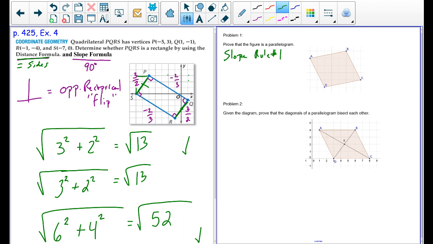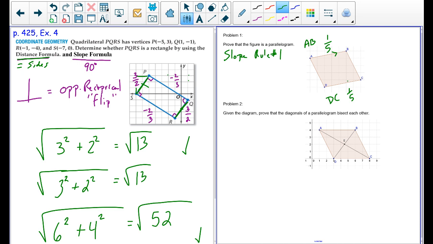So let's look at AB. So AB, our slope here, rise up 1 over 1, 2, 3, 4, 5. 1/5 is our slope, right? Let's do our opposite side. So then DC here, slope up 1 over 1, 2, 3, 4, 5, 1/5.